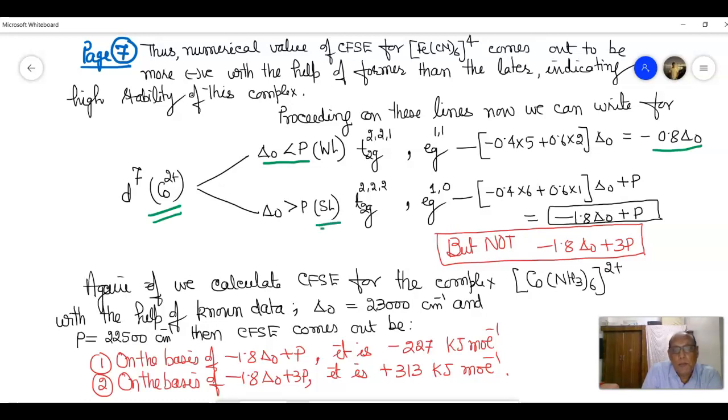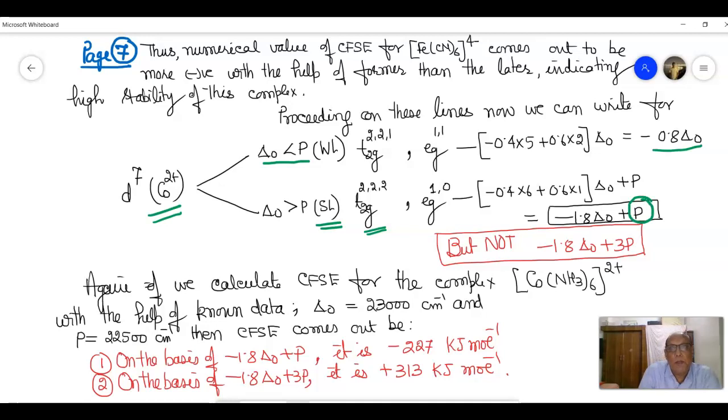But if ligands are strong, Δo is more than P, then 6 electrons will obviously occupy all the t2g orbitals and the remaining electron will go into one of the eg orbitals. So CFSE will be −1.8 Δo plus only 1P.